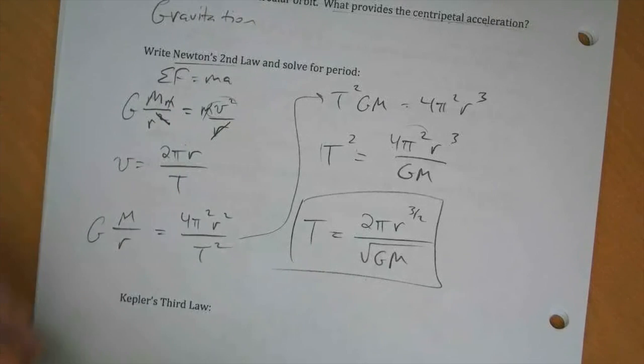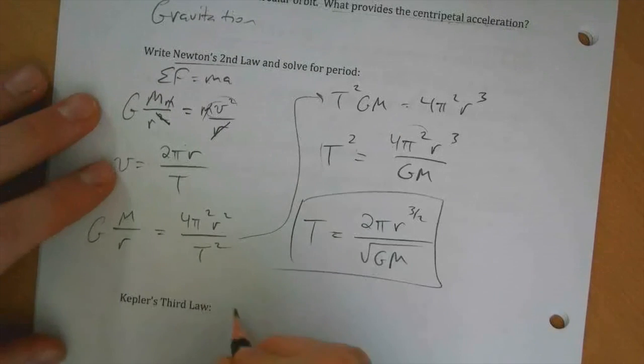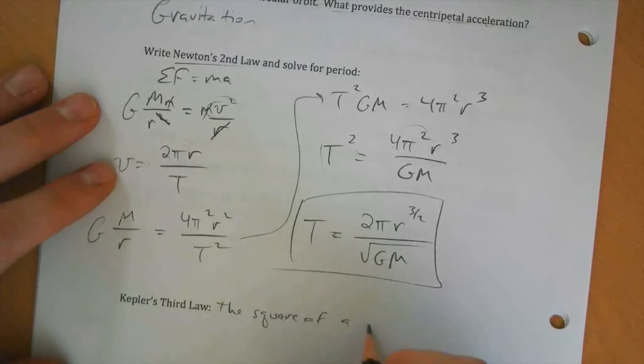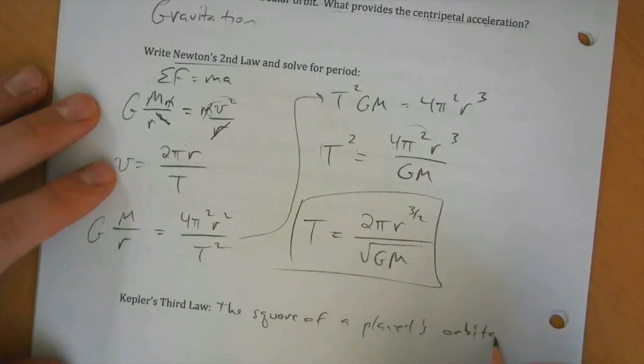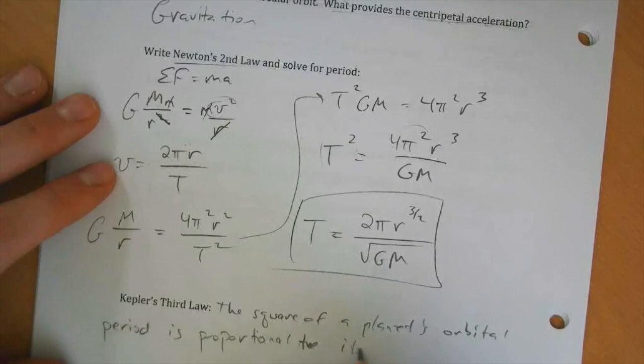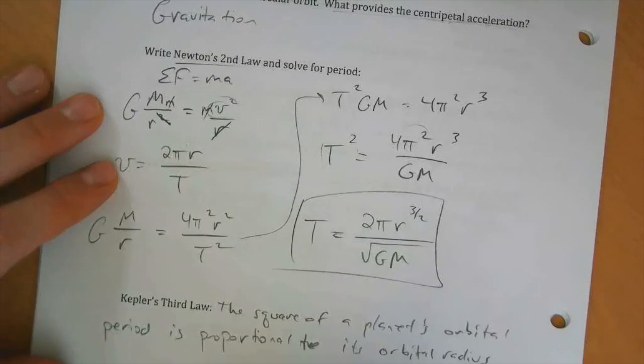What Kepler actually stated in his third law is that the square of a planet's orbital period is proportional to its orbital radius cubed.